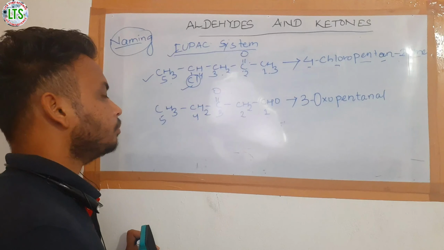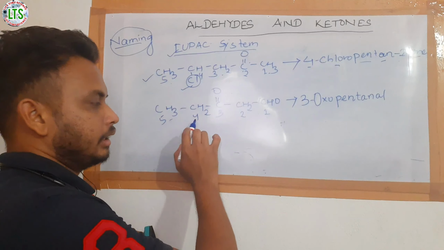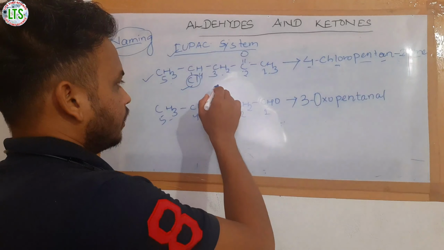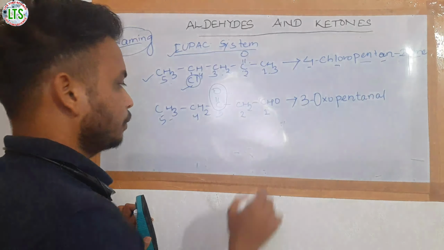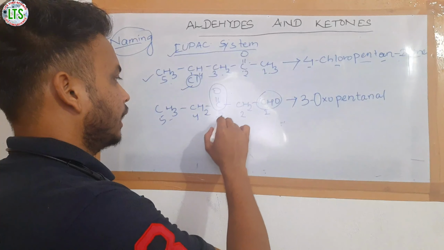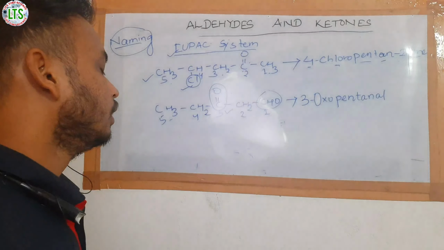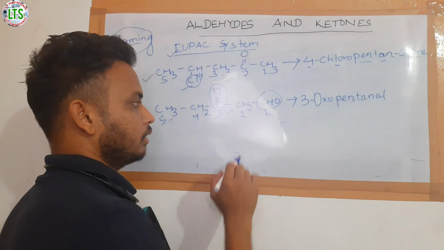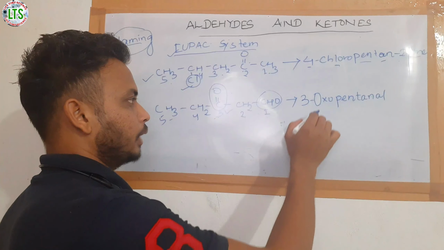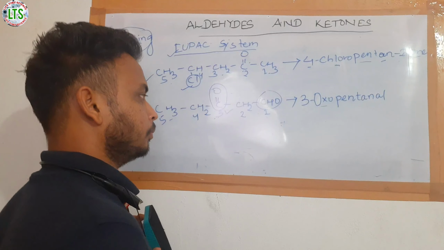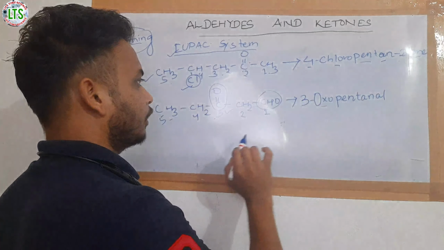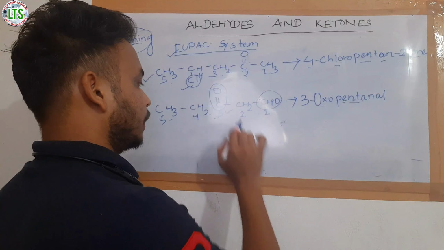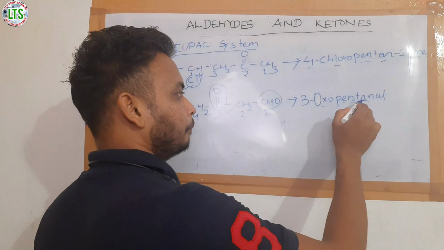For example, in the compound CH3CH2COCH2CHO, there are two groups, one is aldehydic group and another is ketonic group. So we can write first the location of the ketonic group, so 3, then the substituent name is oxo, 3-oxo, then word root, as there are 5 carbon atoms, so we can write pent, as there are single bonds in between the carbon atoms, so we can write AN.